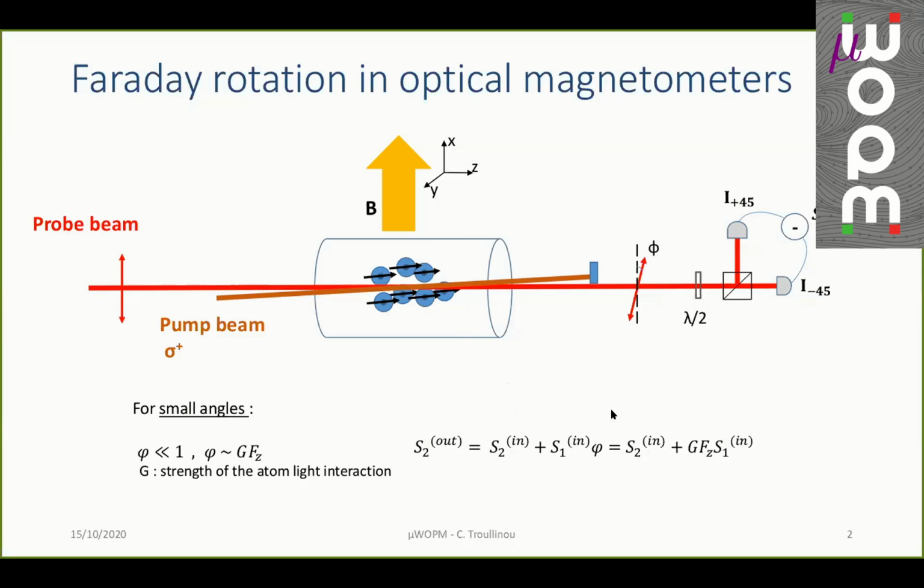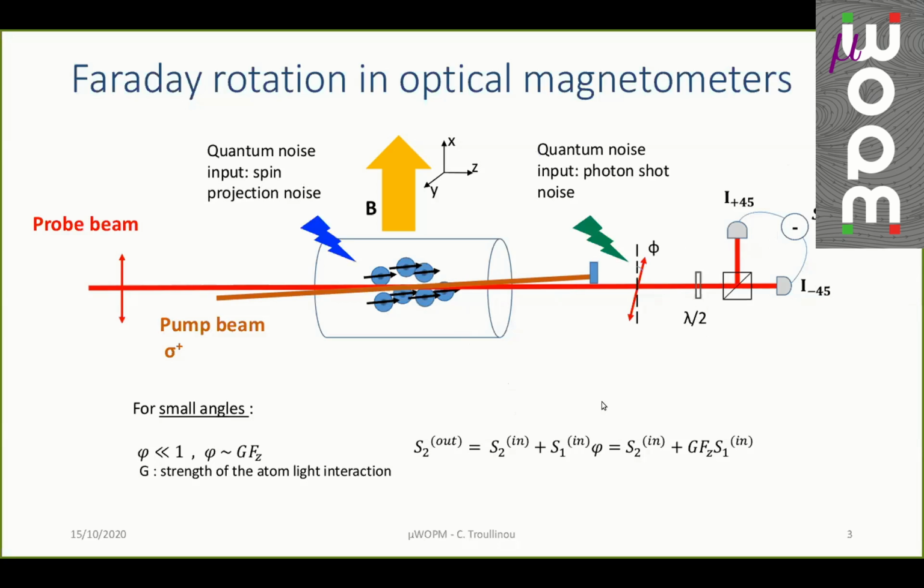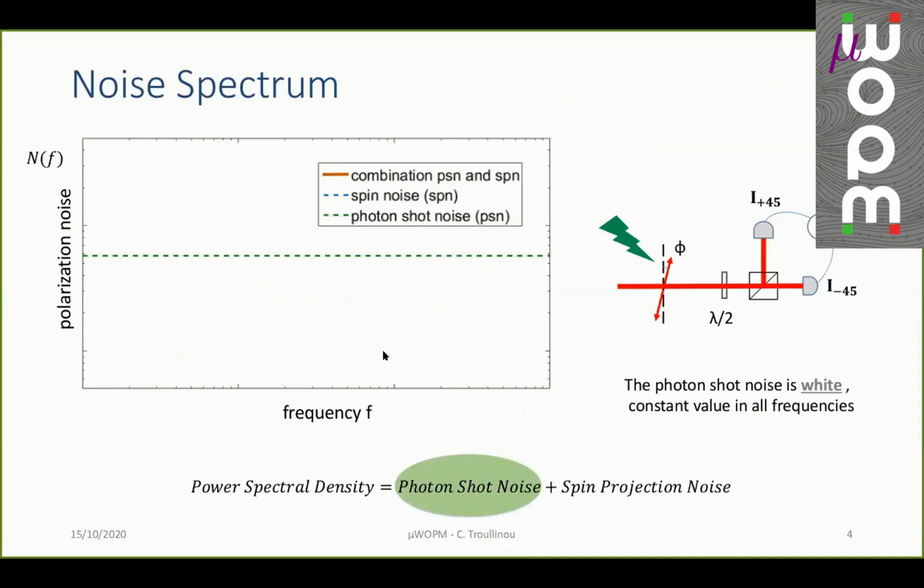What does this mean for the noise, though? The noise, having eliminated any other technical noise, consists of the quantum noise, and it is of two types: the photon shot noise that can enter here, and the spin projection noise of the atoms. These two types of noise don't have the same dependency on frequency.